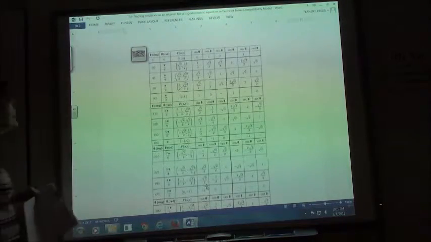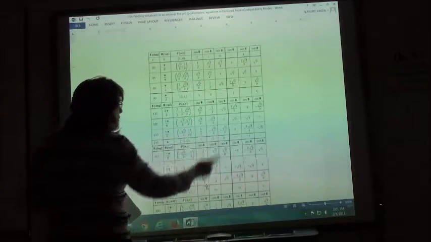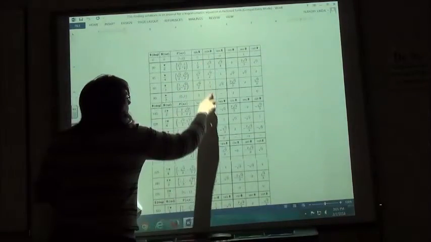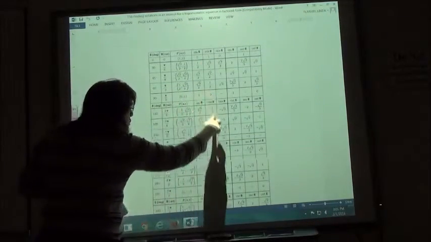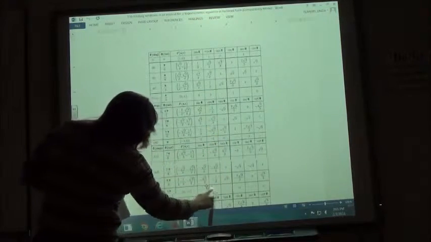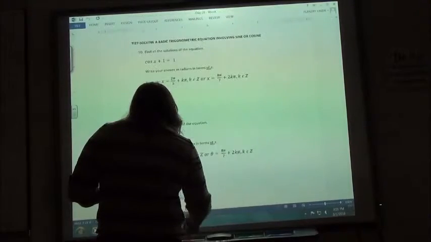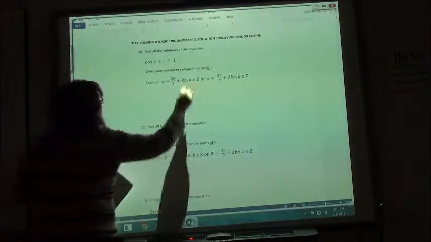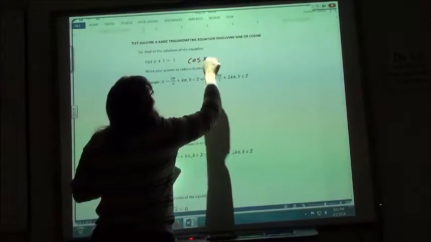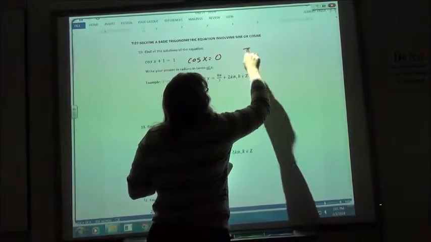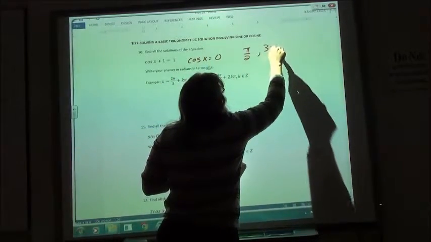So since it was 0, we have cosine of pi over 2 and 3 pi over 2. So if I go back here, normally we would have said, okay, cosine of x equals 0 at pi over 2 and at 3 pi over 2.